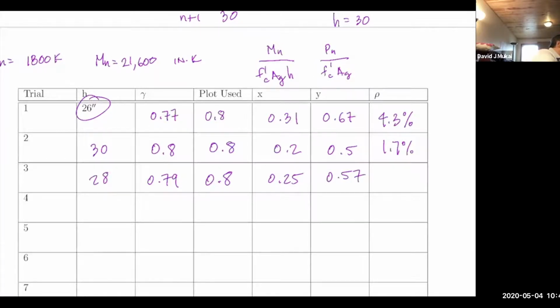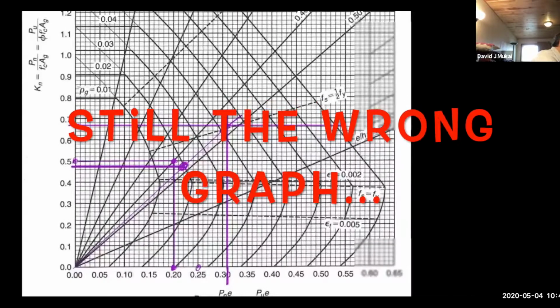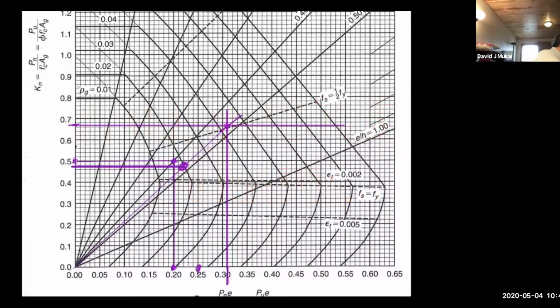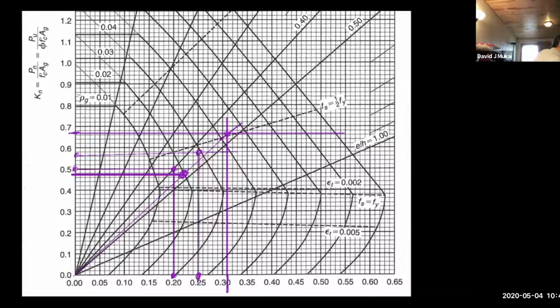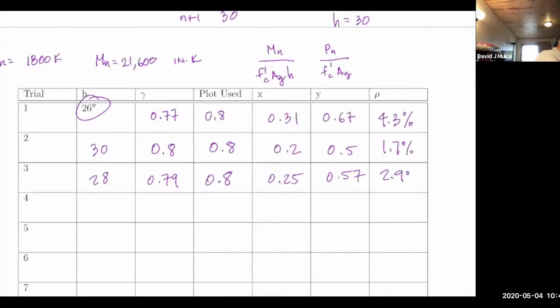So I take it back. I guess the 30 was the best guess. Okay, so 30 was the closest, 1.7%. So I'll pick 30.